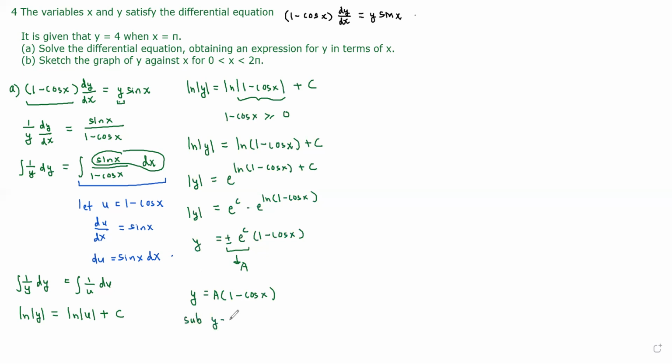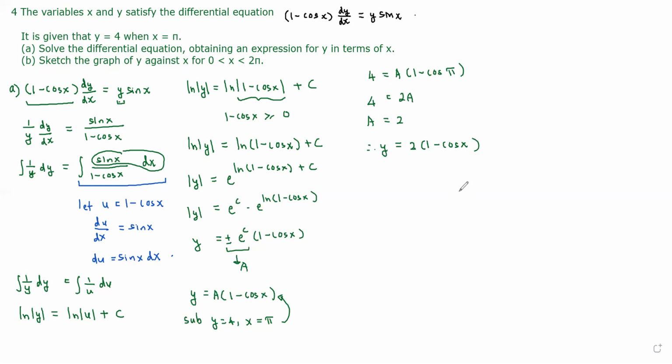So we substitute y = 4 and x = pi to find the value of a. We have 4 equals a(1 - cos pi). Cos pi is negative 1, so we have 2a equals 4, or a equals 2. Then the solution that we want is y = 2(1 - cos x).